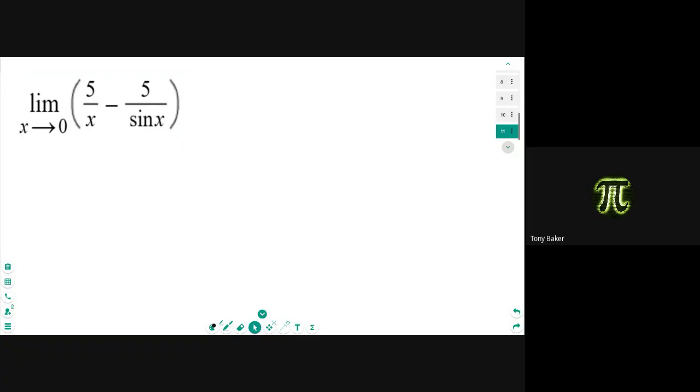Because 5 over 0 is infinity, and 5 over sine of 0 is again infinity. So we need to put these fractions or these things together. We cannot take the derivative of each one independently. So find a common denominator, put them together. Once it's one fraction, then we can do L'Hopital's rule.